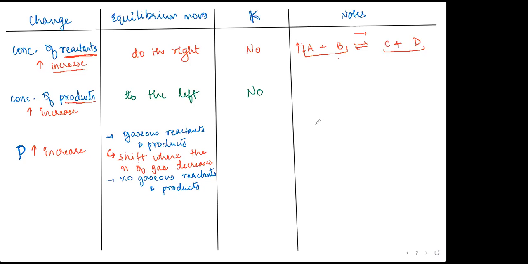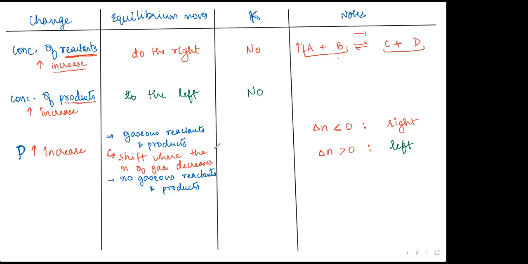Basically, if you look at delta n, products minus reactants, if delta n is less than 0, negative, it means more gas molecules on the reactant side. If that is the case, then equilibrium shifts towards the right. And if delta n is greater than 0, meaning more gas on the product side, then the equilibrium is going to shift towards the left.